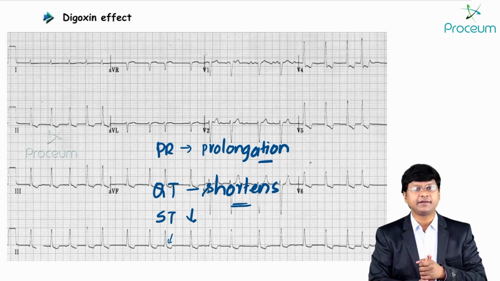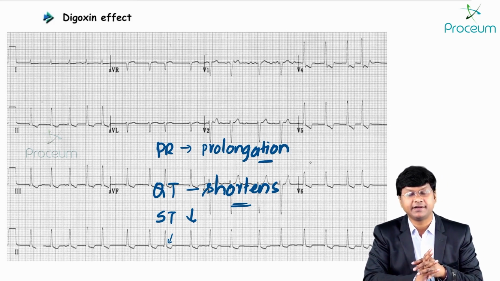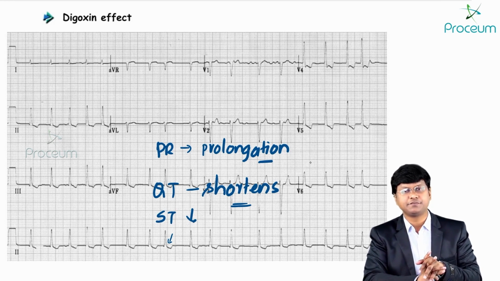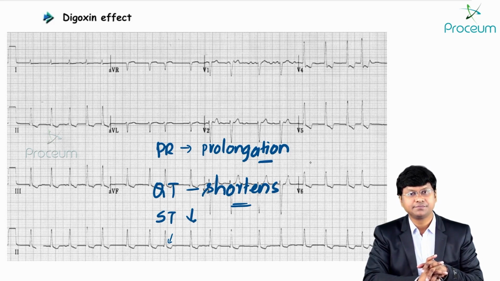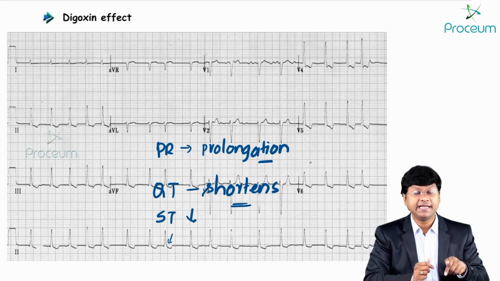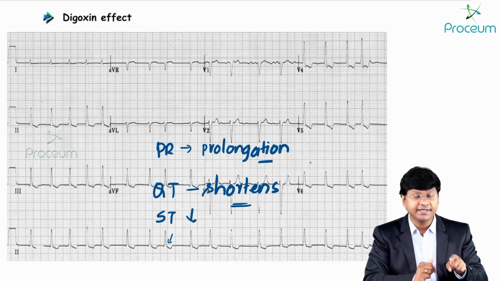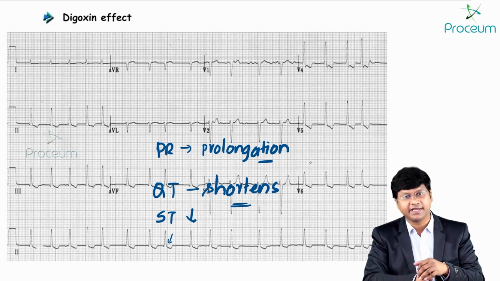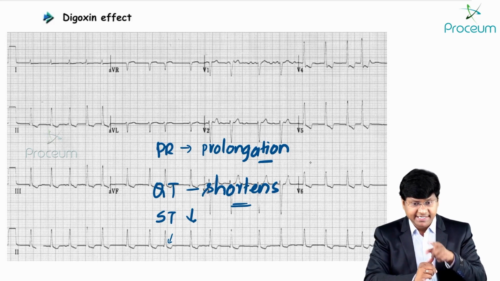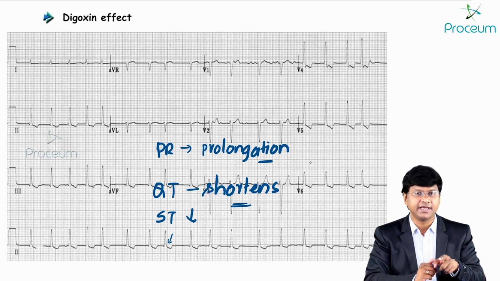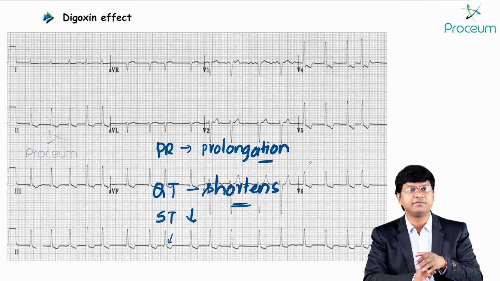So if you take the PR interval, there will be prolongation of the PR interval. Now why will there be prolongation of the PR interval? Because digoxin will increase the refractory period at the level of the AV node. Because it increases the refractory period at the AV node, the PR interval will be prolonged.